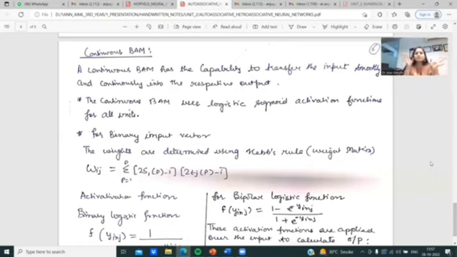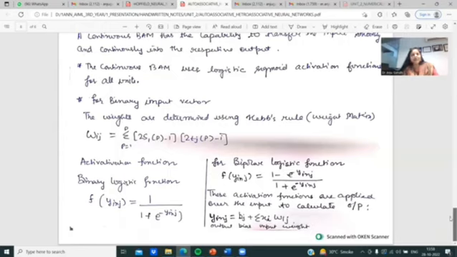As for the continuous BAM, it uses the logistic sigmoid function, and the input changes continuously and smoothly. The activation function will be the binary logistic function. This is the logistic function we have for binary, and for bipolar we have the bipolar logistic function.